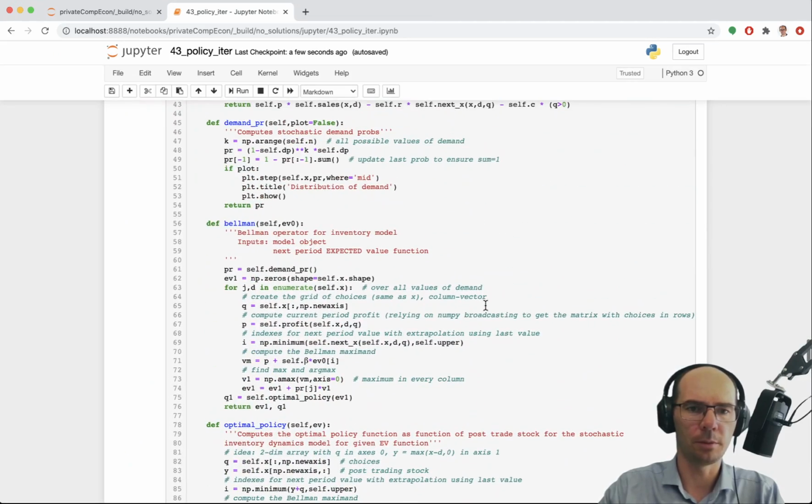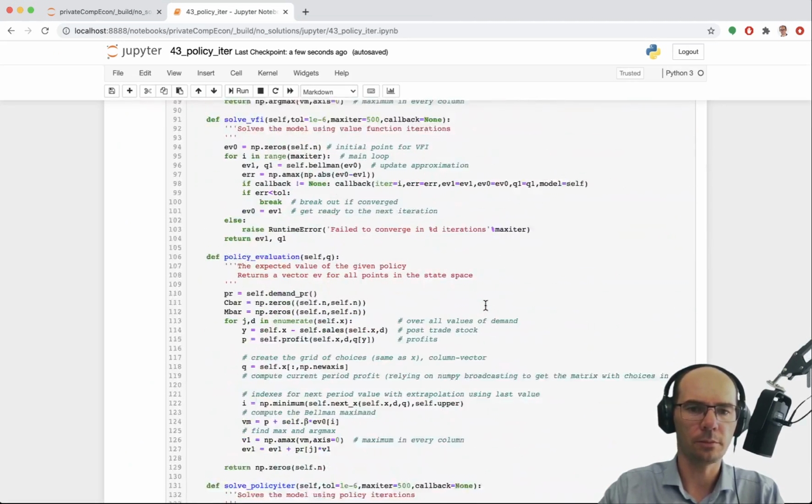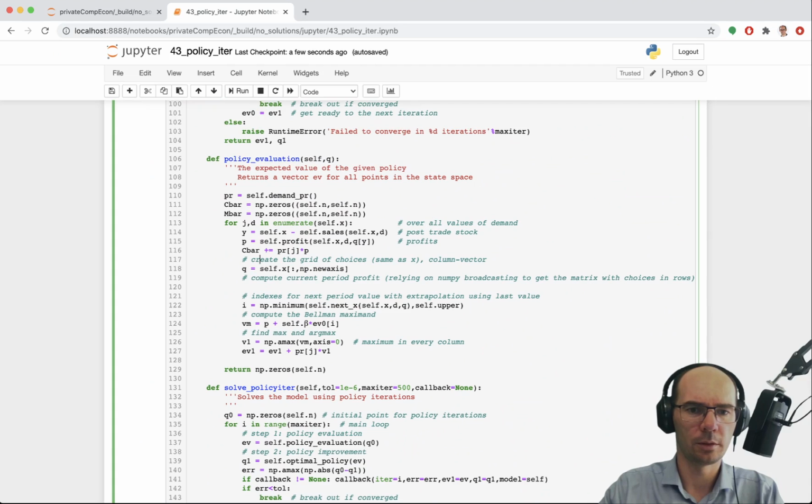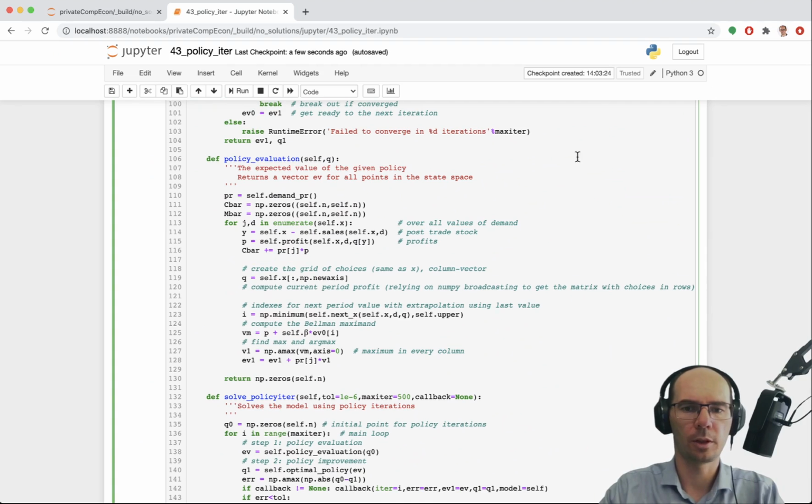And that means that the C bar can be incremented with PR of J times P. All right.